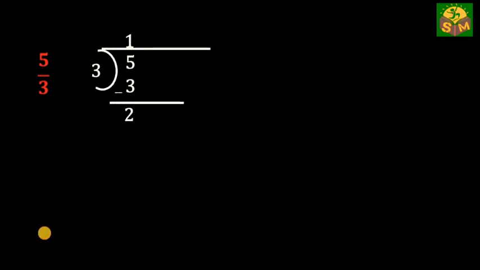Now consider one more fraction, 5 over 3. So let's divide 5 by 3. Following the rules of normal division, we first add a decimal point to turn 2 into 20.